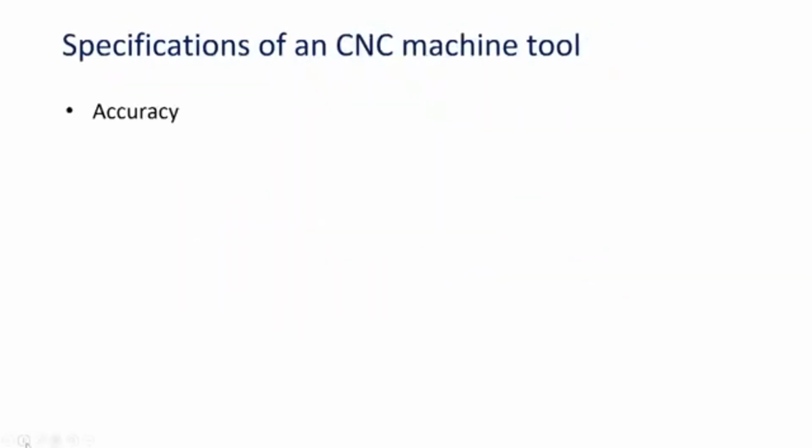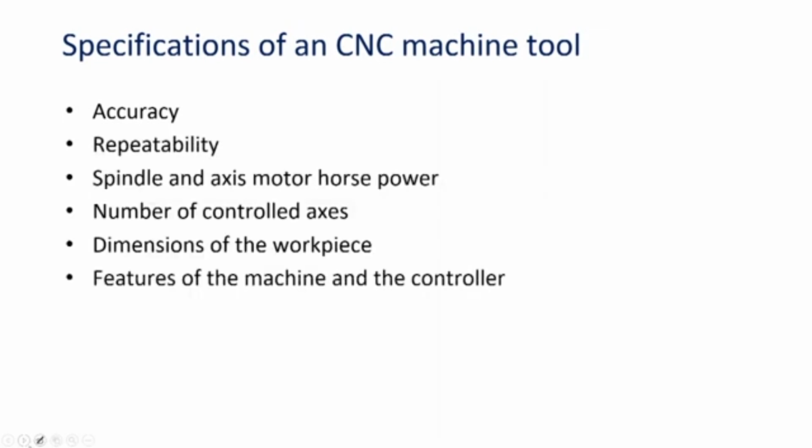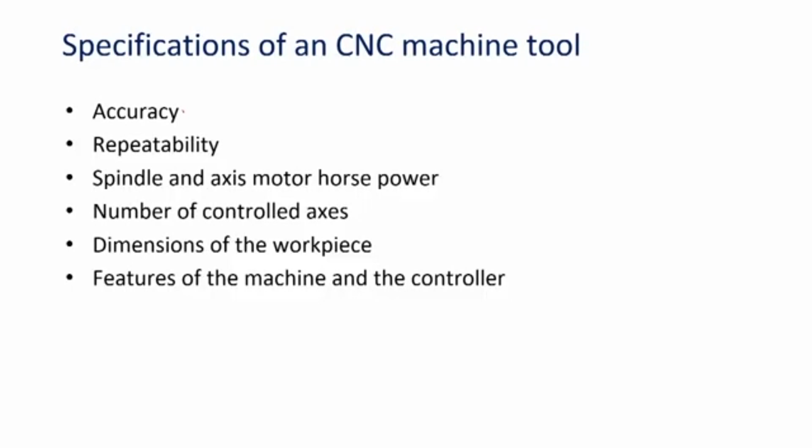Then the power of the machine tool in terms of horsepower of the motors which are mounted. Number of controlled axes: the machine tools may have 2 axis control or 2.5 axis control or 3 axis control, or multiple axis control is also possible.